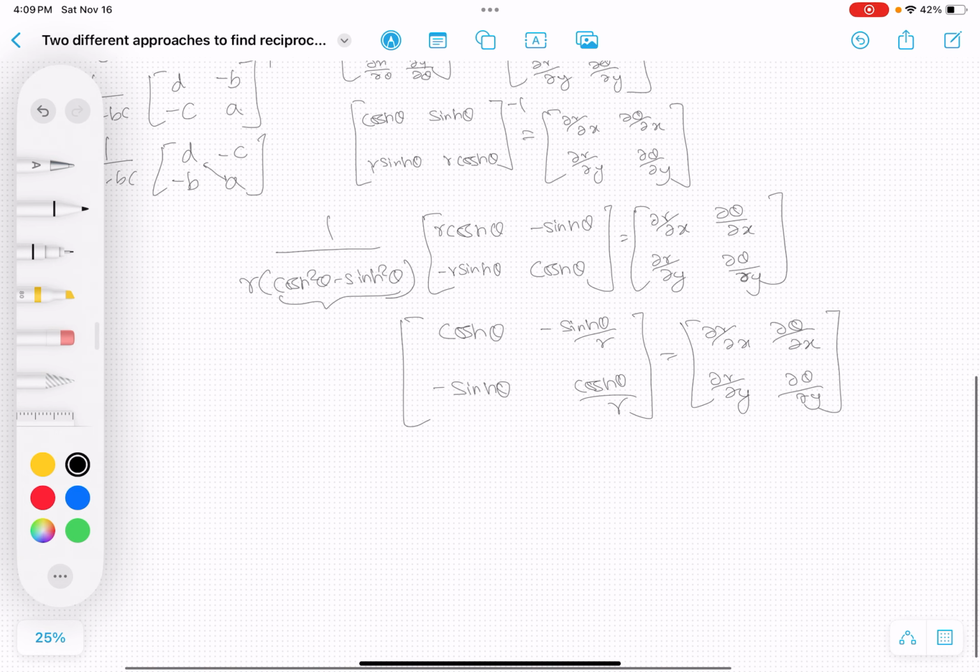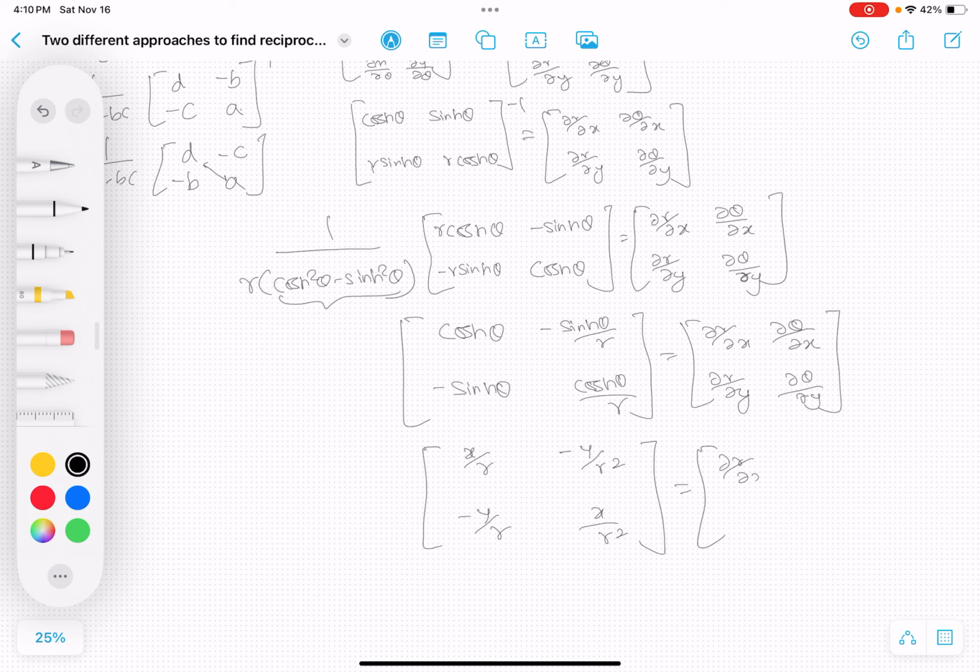Now in terms of x and r, cos theta is just x by r and sin theta is y by r, so this is x by r, minus y by r squared, minus y by r, x by r squared.